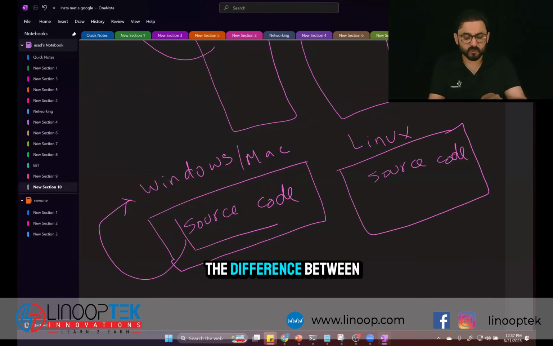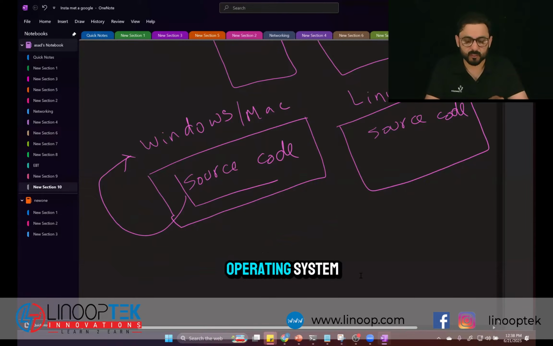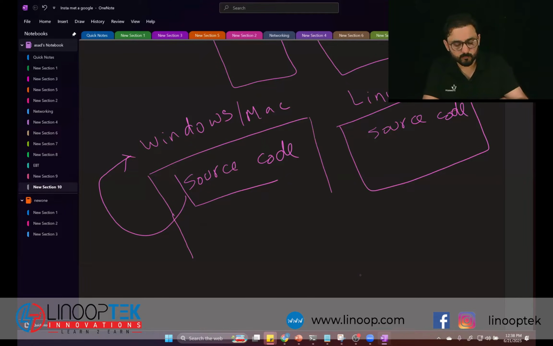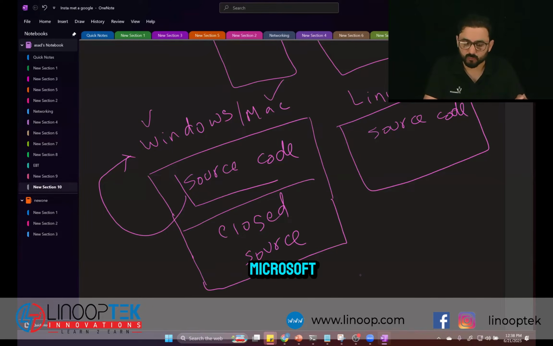Okay, what is the difference between Windows and Linux? One word. The source code that makes the operating system is closed source. It's closed. What does that mean? That means anybody, a developer that does not work for the Windows and Mac companies, Apple and Microsoft, does not have access to read this code.